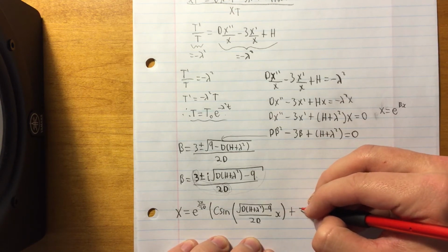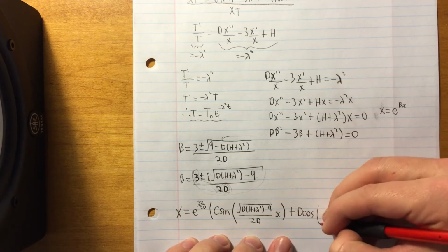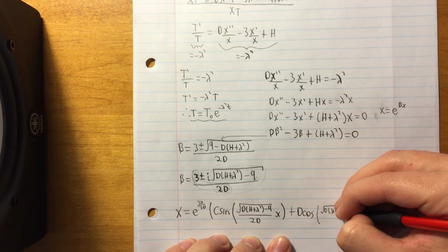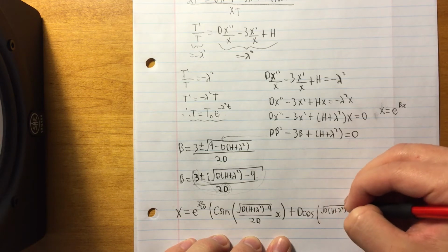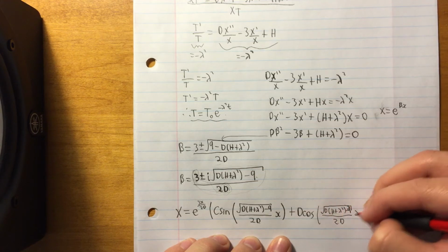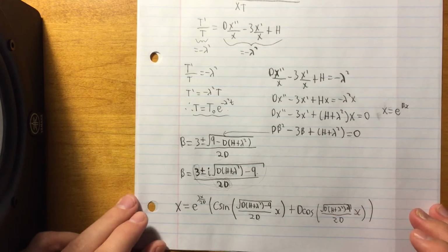And then we're going to add d, some constant, times cosine, the same thing, h plus lambda squared minus 9 all over 2d times x. Cool, so now this is our general equation for X.